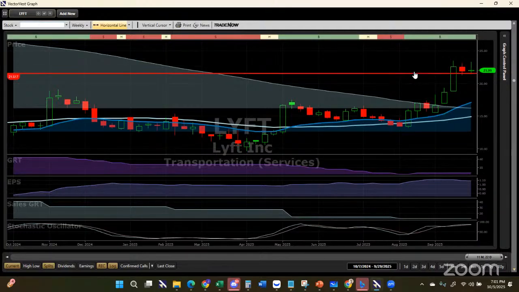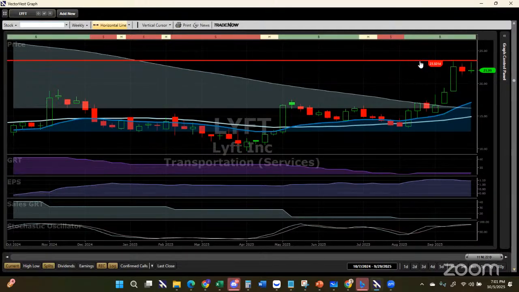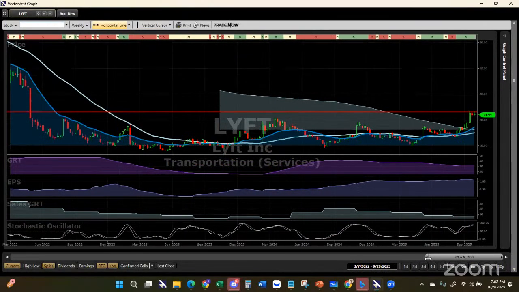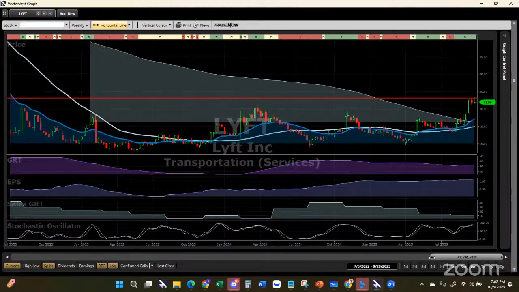Lyft doesn't actually have a weekly breakout. Resistance is 26 this week, probably. It's going to go higher, you think? Yeah, I think we might hit 26 this week.